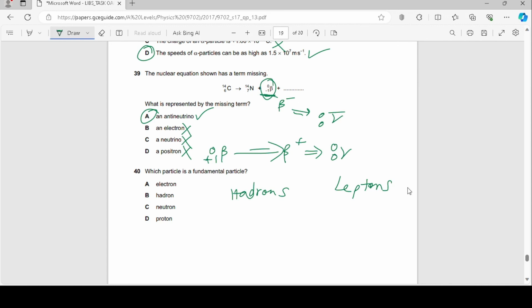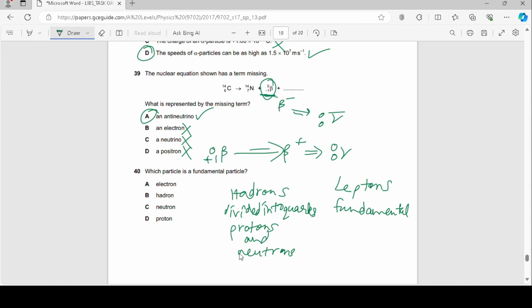And so leptons are all the particles that are fundamental and are not affected by the strong nuclear force, whereas hadrons can be divided into quarks. So they're not fundamental basically. And then, obviously, hadrons are going to be protons and neutrons. At least those are the ones that we need to be concerned about, I suppose.